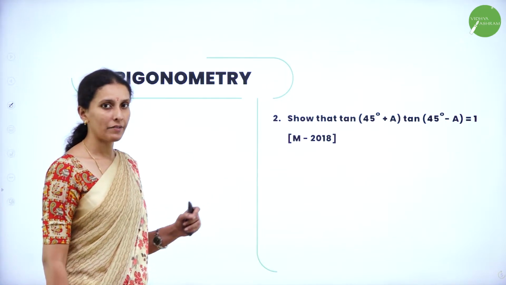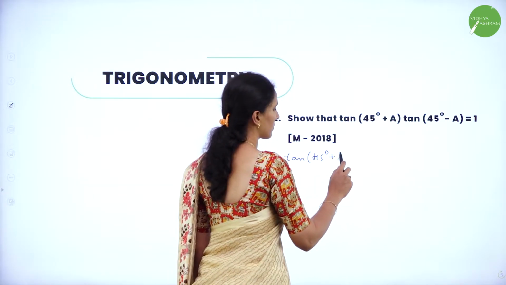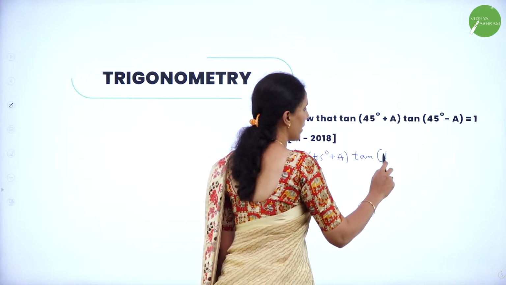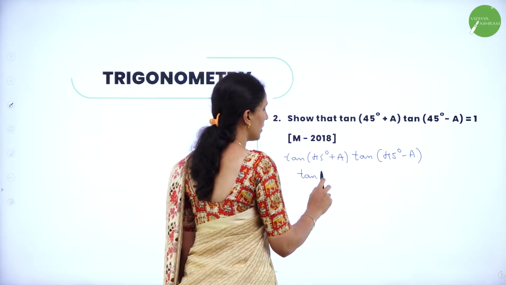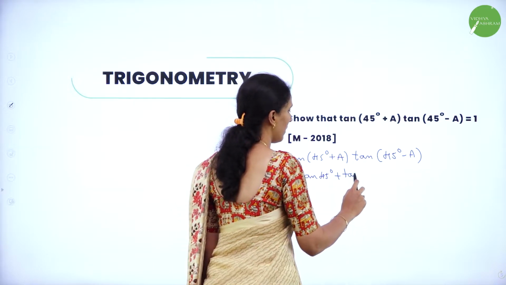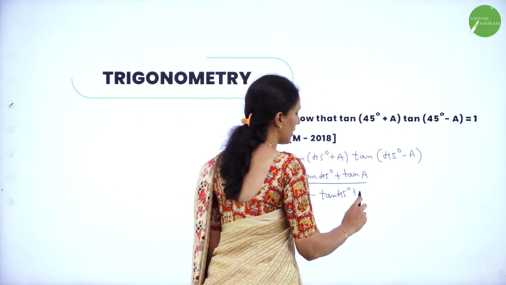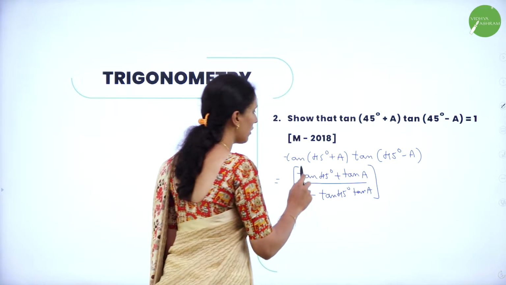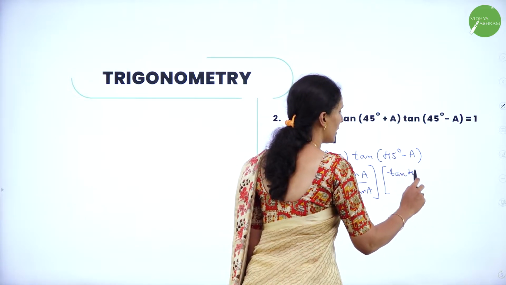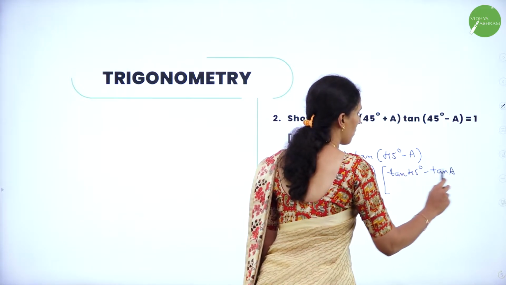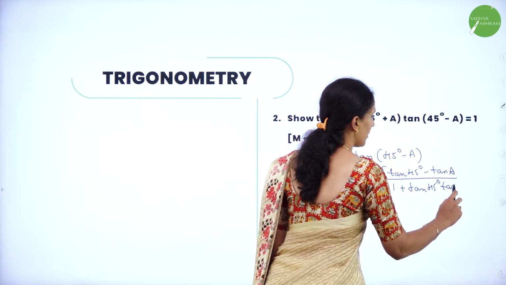First let us take the left hand side of the result, that is tan 45 plus A tan 45 minus A. So that is equal to tan A plus tan B. So that is tan 45 plus tan A divided by 1 minus tan 45 tan A. So this is now in the form of tan A plus B. The other one, take it in the form of tan A minus B, which becomes tan 45 minus tan A whole divided by 1 plus tan 45 degree into tan A.